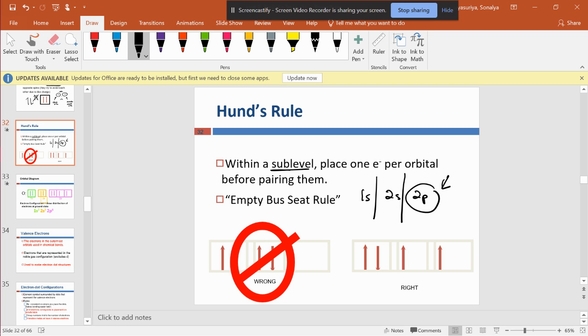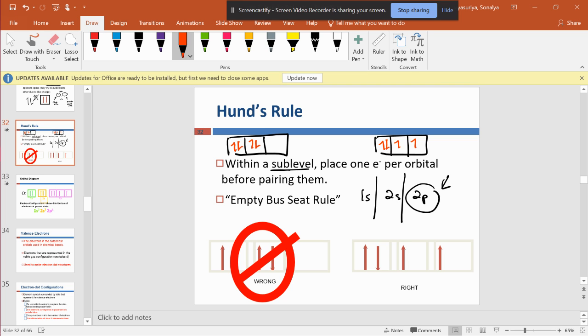So you have three boxes. And if I have to put in 4 electrons, instead of clustering them all into 2 rooms, if you have a spare room, you should spread them out like that and only pair them if absolutely necessary.